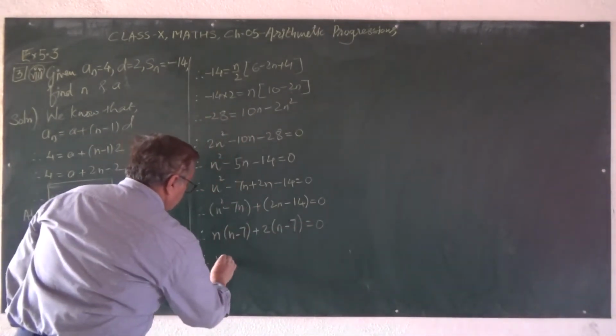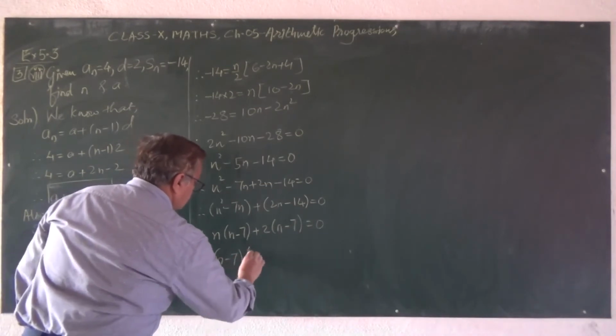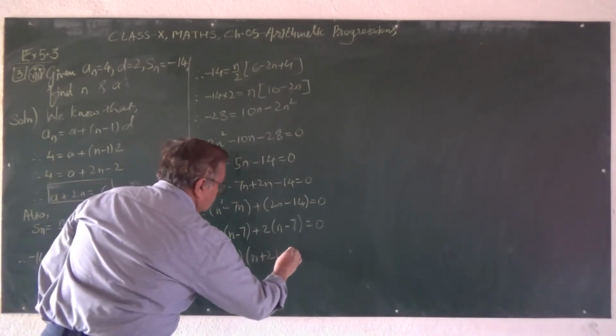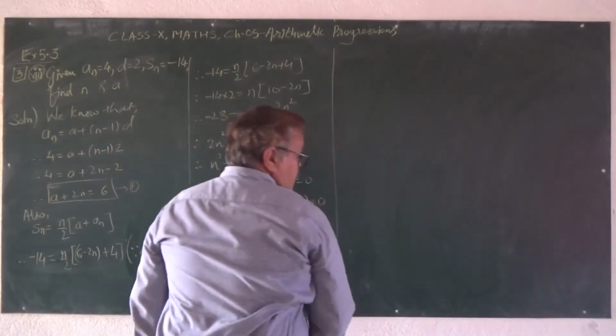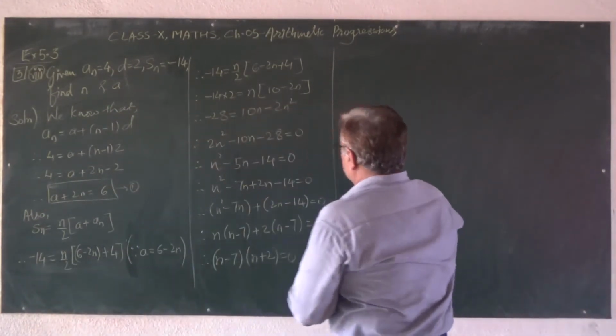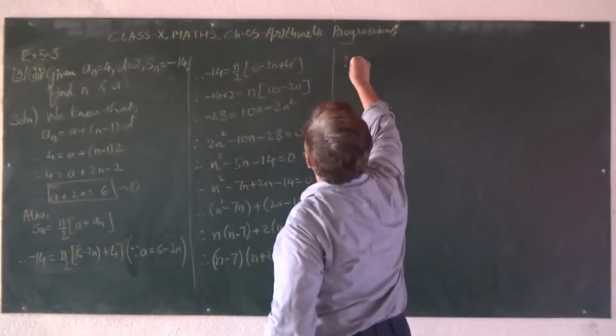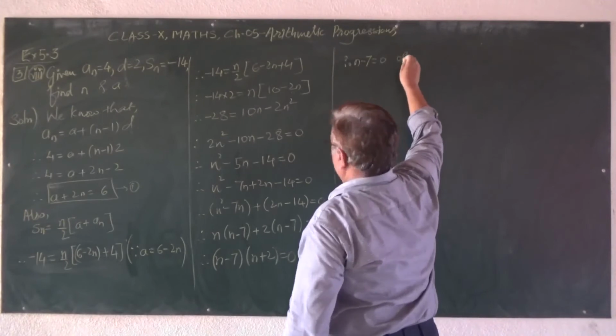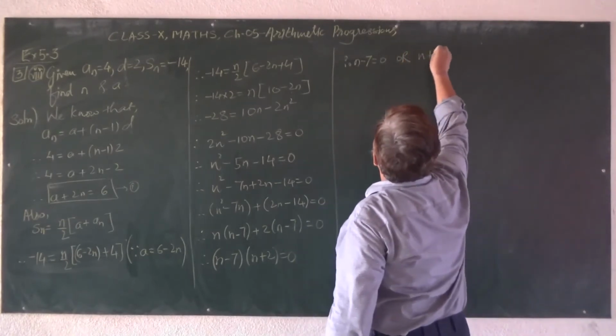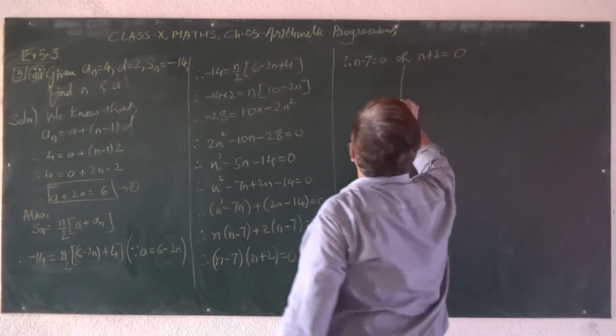So therefore, n minus 7 into n plus 2 is equal to 0. What is the meaning of this? So therefore, n minus 7 is 0, or n plus 2 is 0.